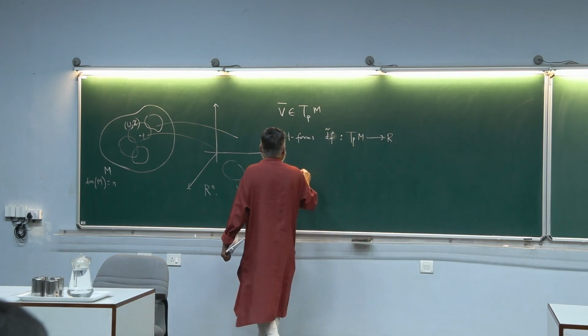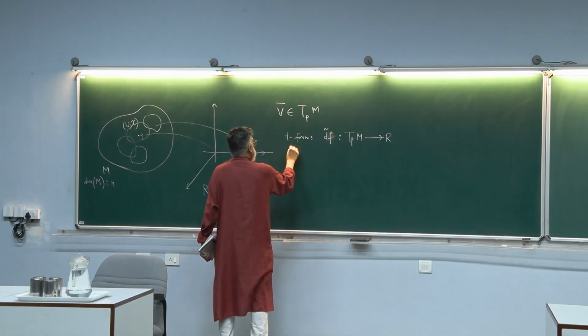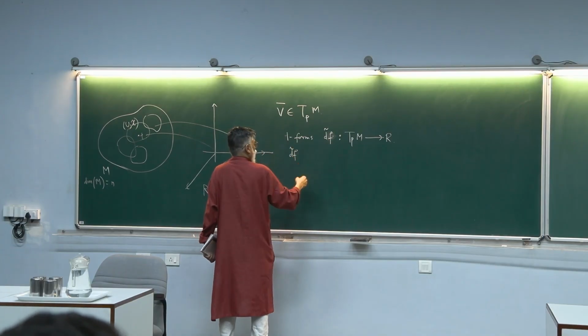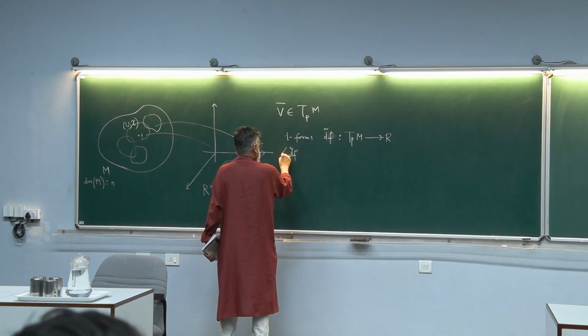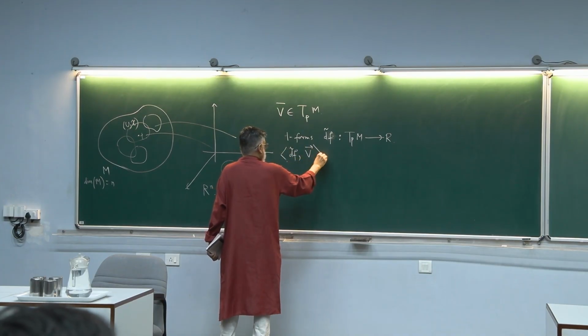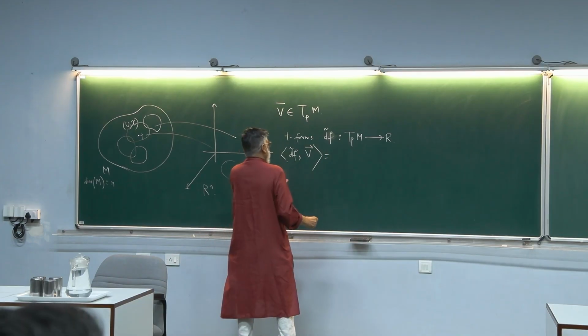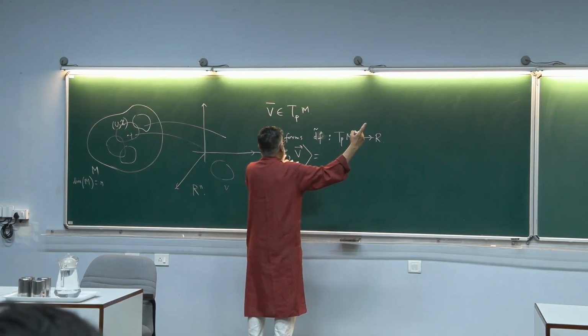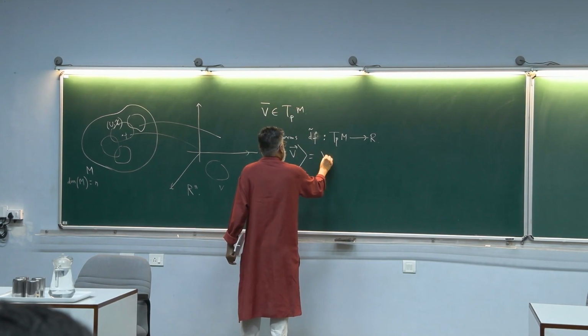In particular, d of f acting on a vector V is the same as the V operator acting on the function, producing a real number.